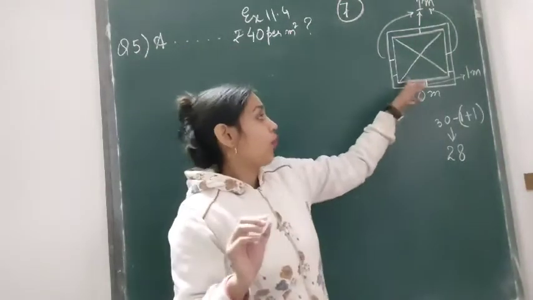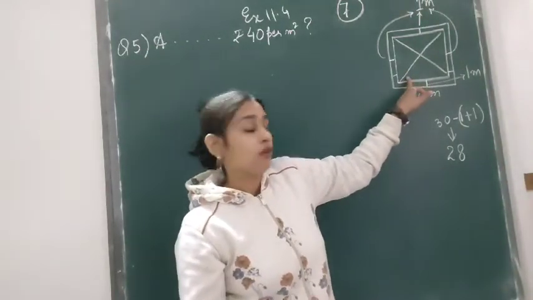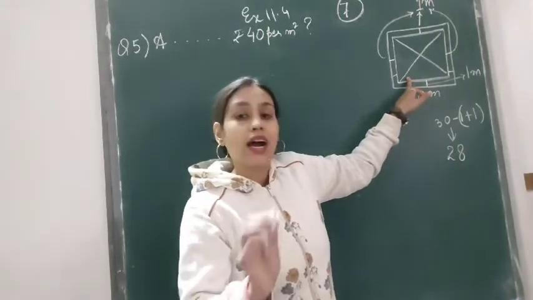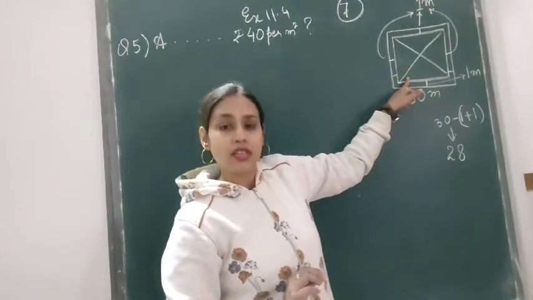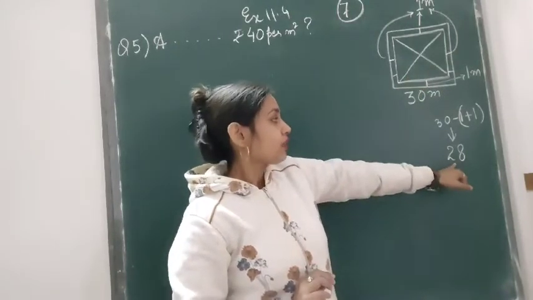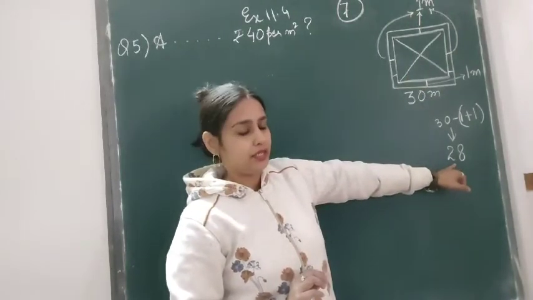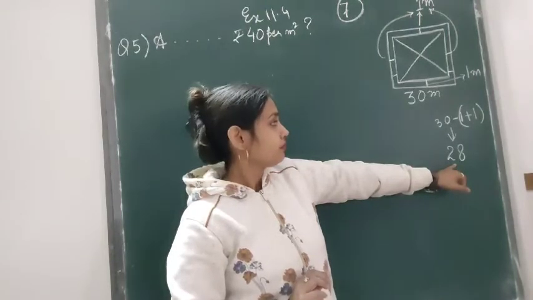So the new square which is formed when the path is constructed has each side equal to 28 meters. Okay, children? Got it?